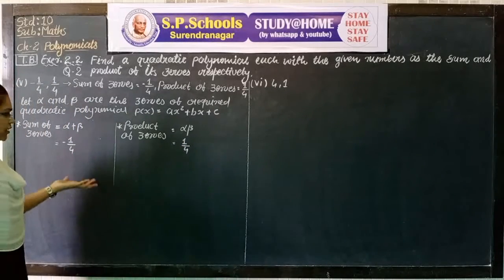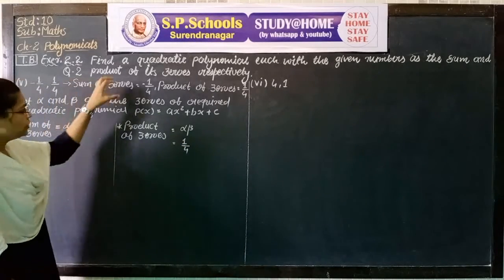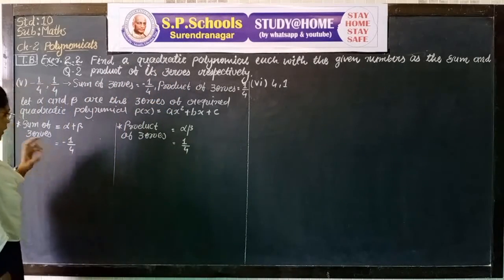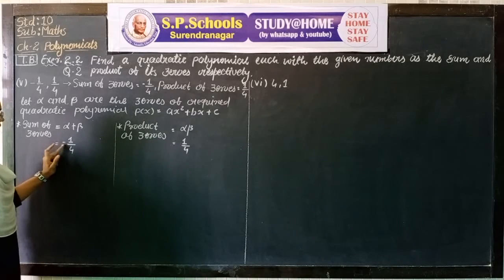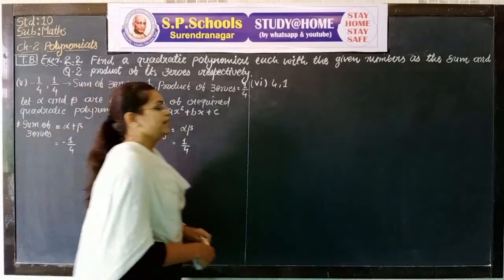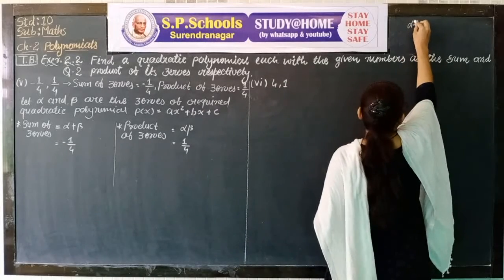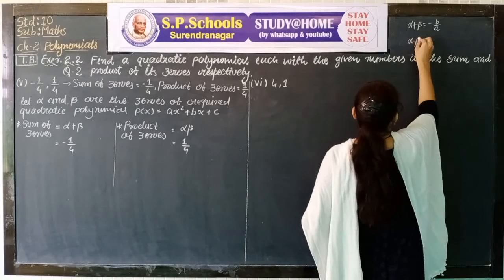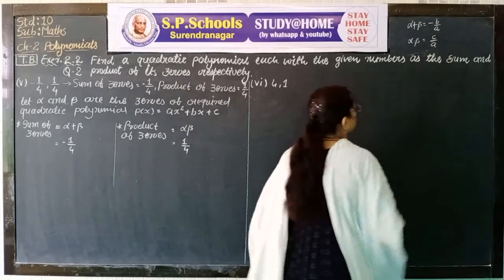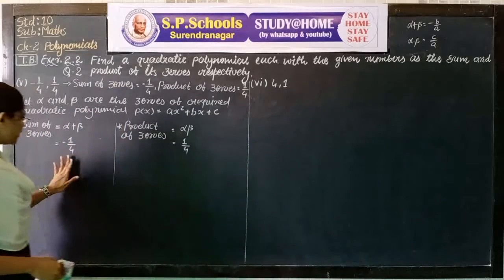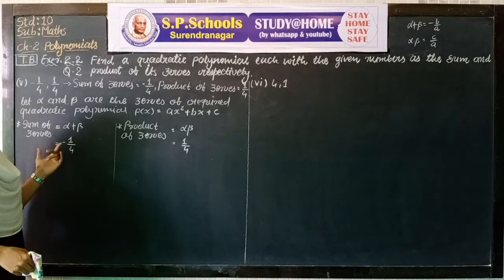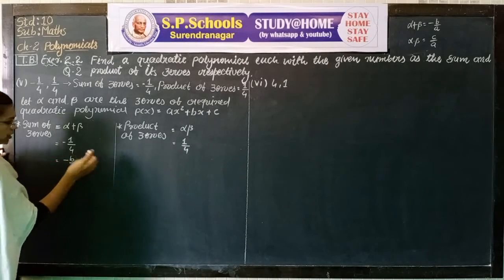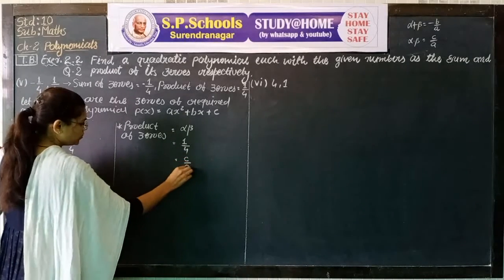See, both conditions are satisfied in the given question. Both denominators are equal and alpha plus beta contains minus, which is minus b upon a. Alpha plus beta is equal to minus b upon a. Alpha into beta is equal to c upon a. It looks like minus b upon a and c upon a.